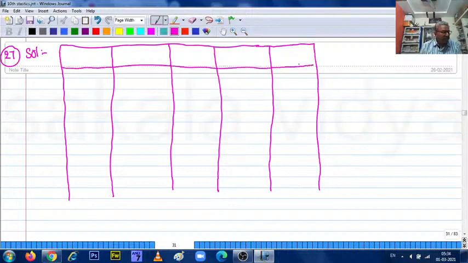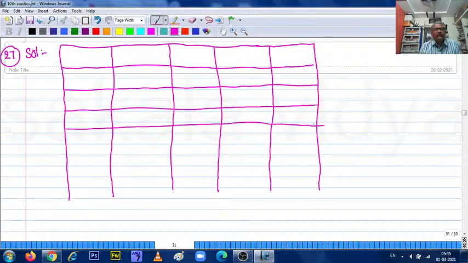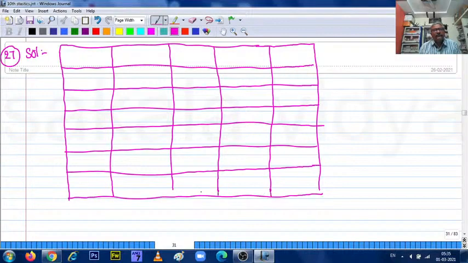Let us write the respective classes: 0 to 7, 7 to 14, 14 to 21, 21 to 28, 28 to 35, 35 to 42.